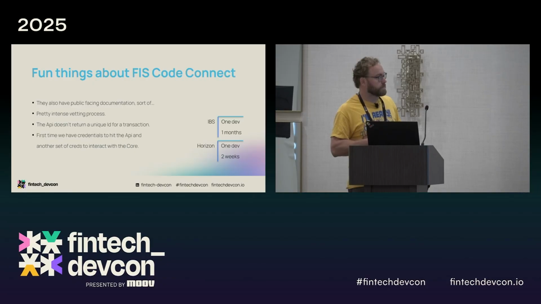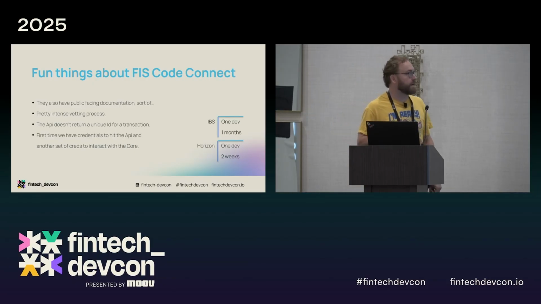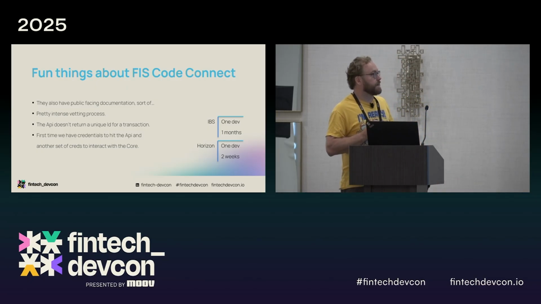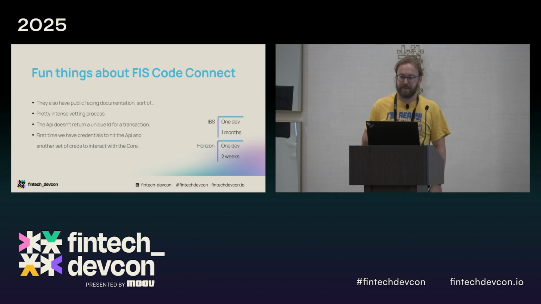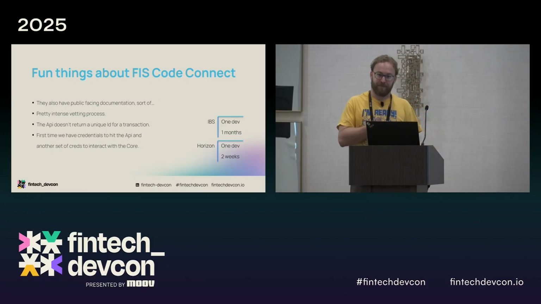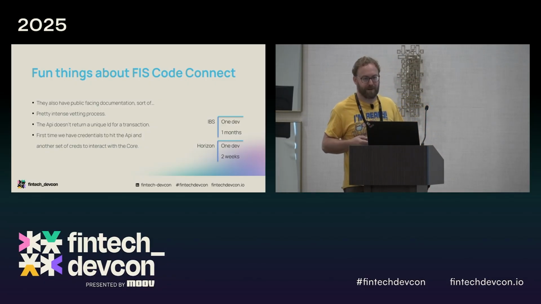So then we did FIS Code Connect, and FIS, so the IBS, and this is specifically IBS. IBS is real time, but they don't return a unique transaction identifier, which is infuriating, because they have one, but the API doesn't actually return it.